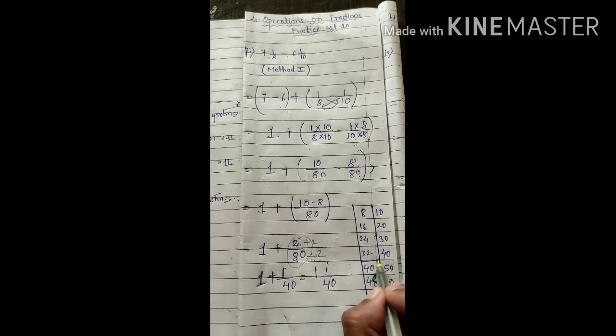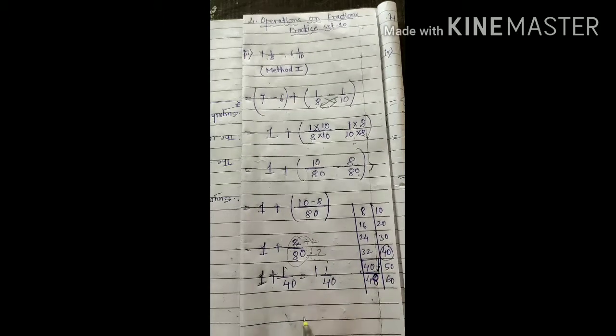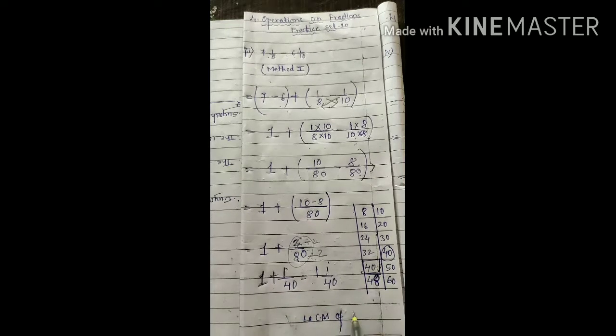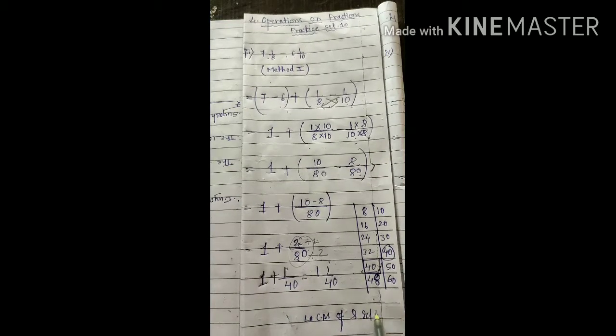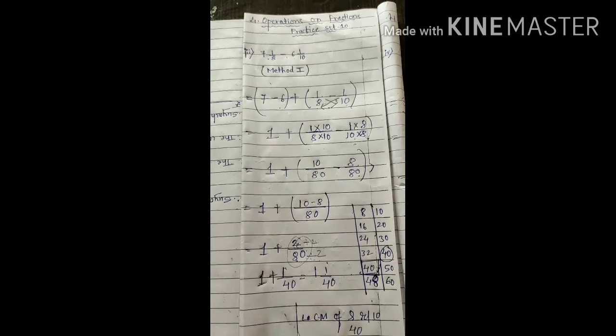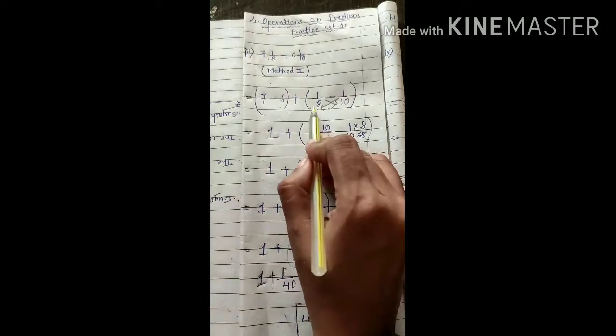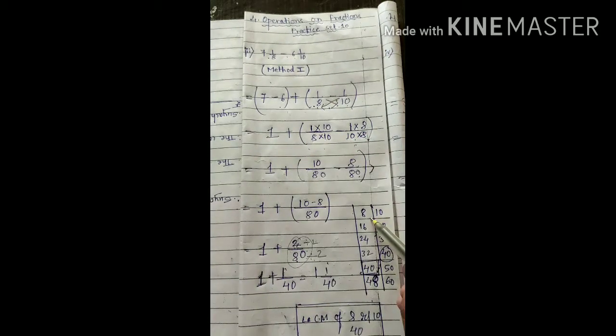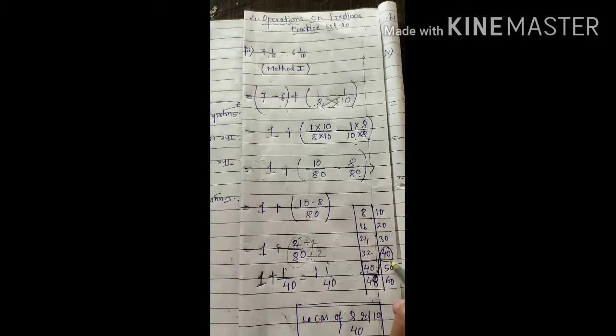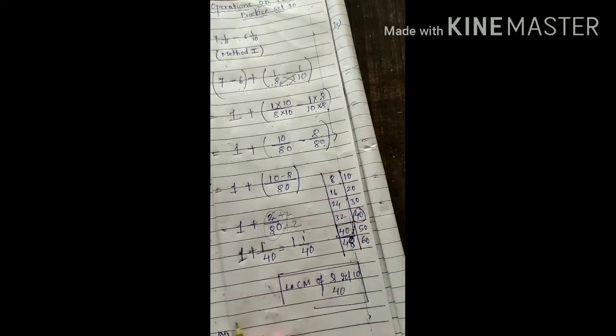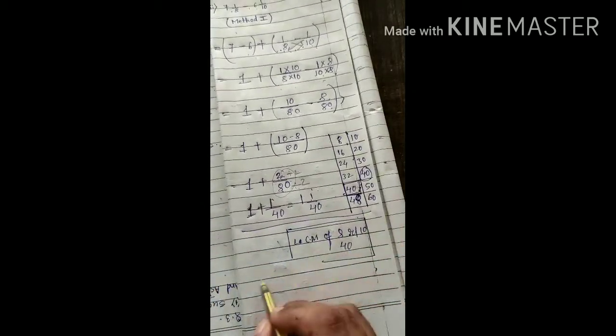So the LCM of 8 and 10 is what? 40. So students, you can take here 40. If you multiply 8 by 5 you will get 40, or 10 by 4 you also get the 40. So you can do like this also. This is one method.